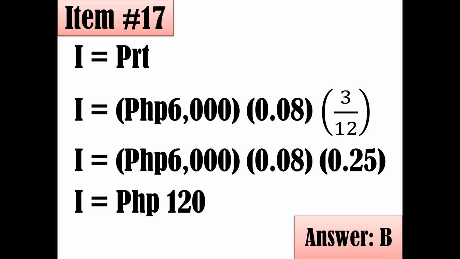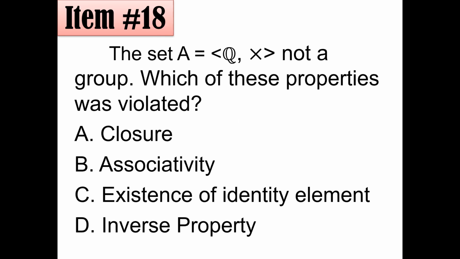18. So, I believe tama po ang karamihan sa atin dito. The set A, by the way, Q is a set of rational numbers, no? The set A, that is the set of rational numbers, under multiplication, is not a group. Which of these properties was violated?